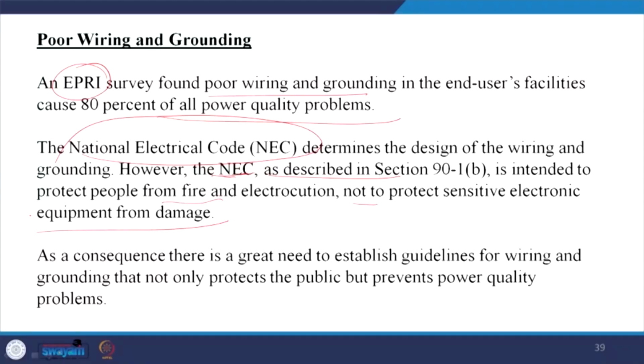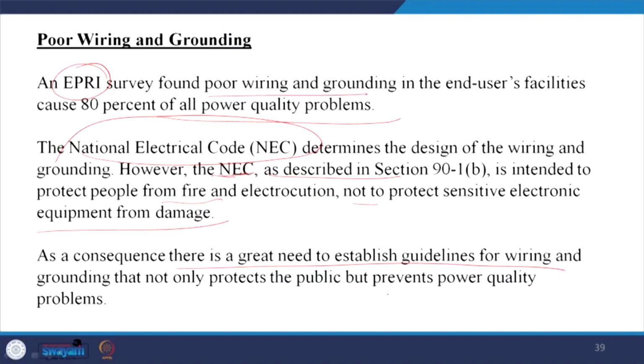Wiring should be such that electrocution does not happen whenever you touch equipment. But it is silent about harmonic distortion or any other issues that may damage your complicated electric circuits. That is not in the domain of this national code.